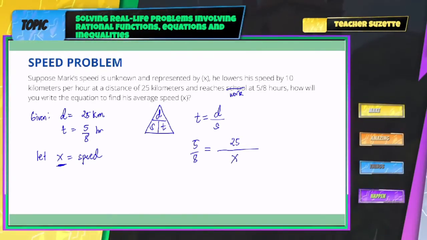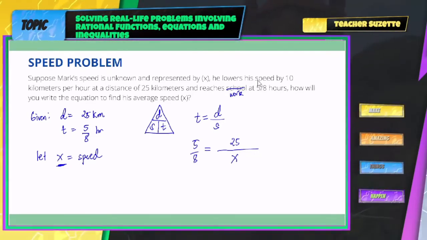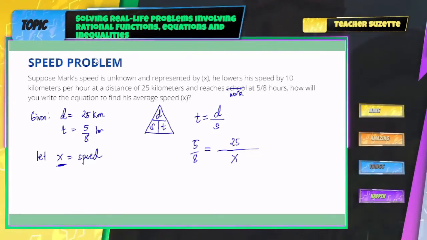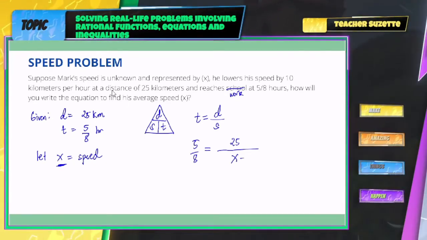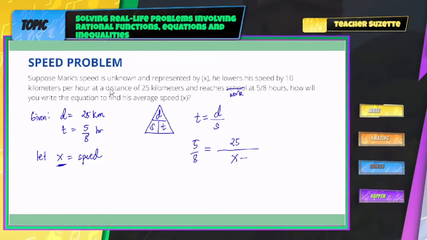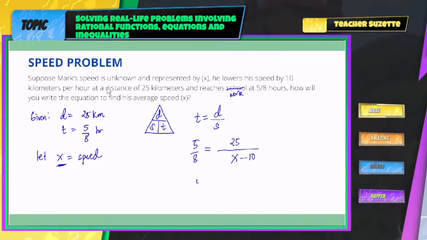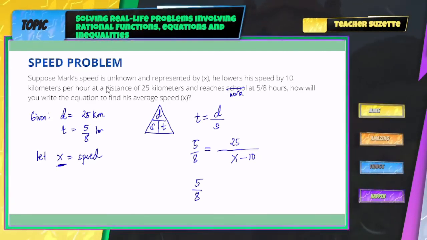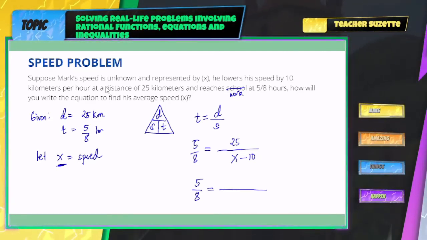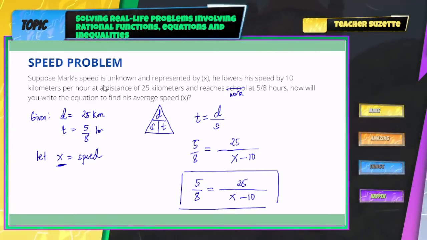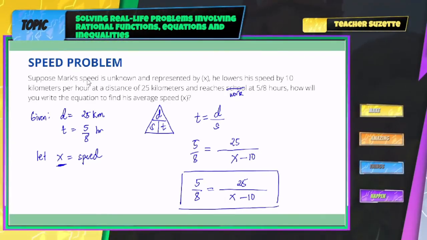And take note, sabi daw dito sa ating problem is, suppose he lowers his speed by 10 kilometers per hour. So, if he lowers his speed, magma-minus tayo sa ating denominator or sa ating speed ng 10. So, ayusin lang natin. We will have now our equation, which is 5 over 8 equal to 25 all over x minus 10. So, ito na po yung ating representation or equation for finding the average speed x.